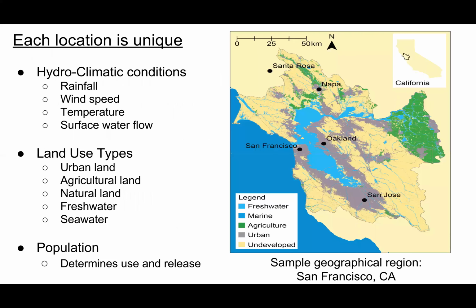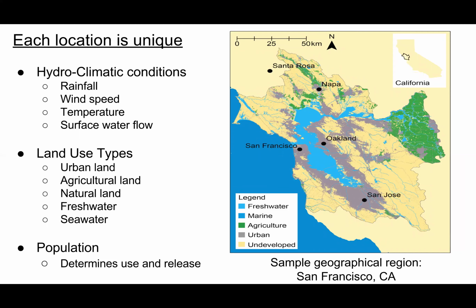environment. In addition, I mentioned that we're working at a regional scale. This means that we have unique environments that one can run the Phaeton transport model through. This requires much more detailed data from previous Phaeton transport models. For example, we use local rainfall data, wind speed, temperature, and surface flow of water.